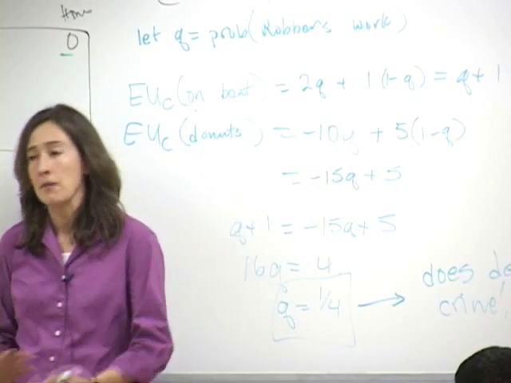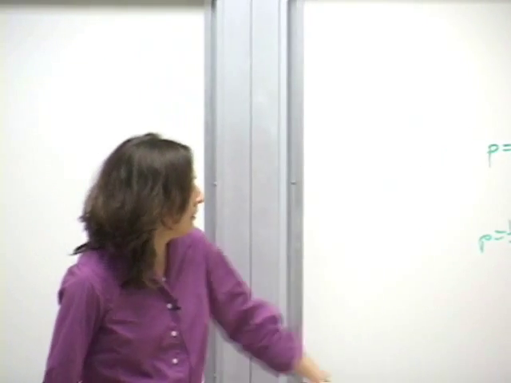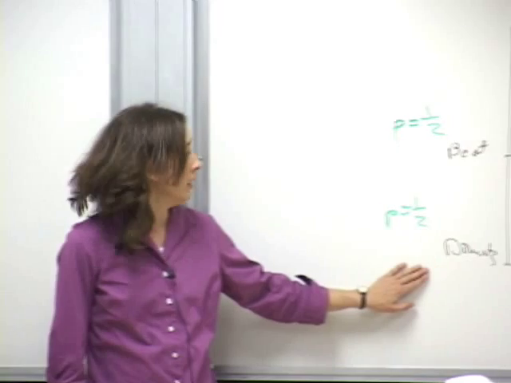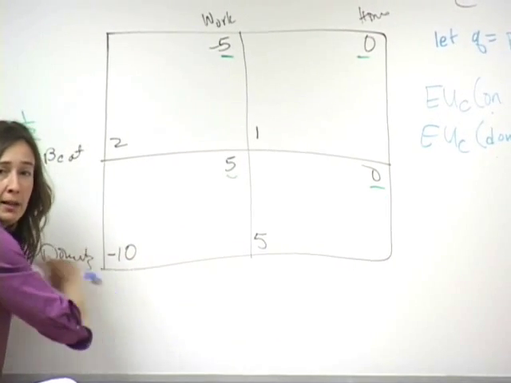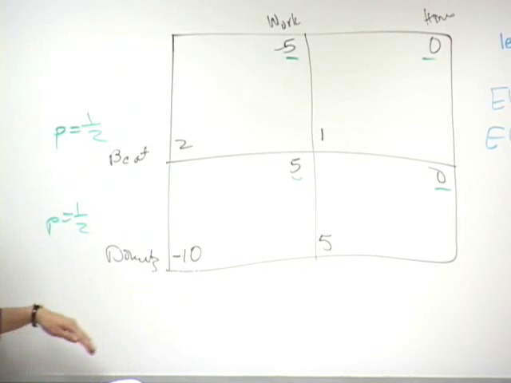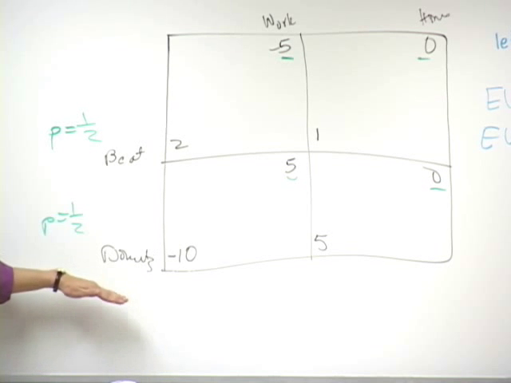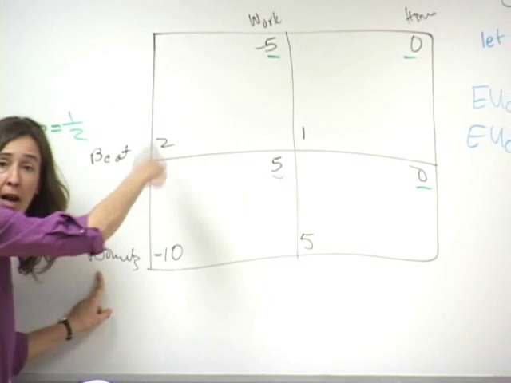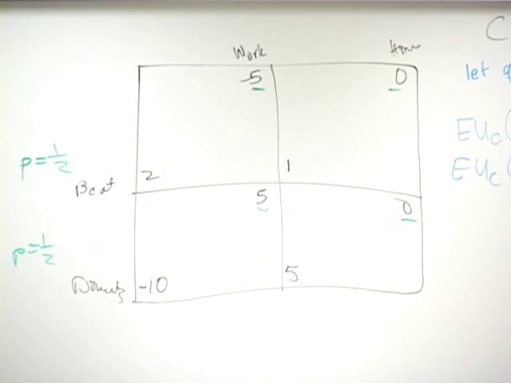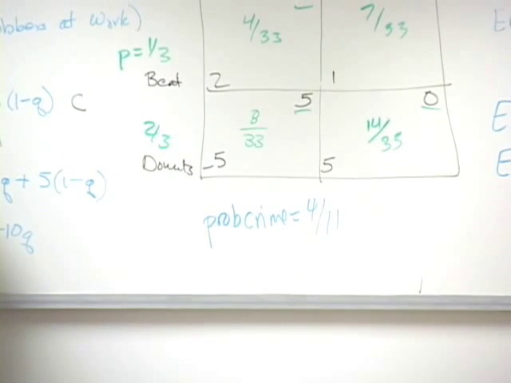If you want to look at it from the other point of view, if what you're really concerned with is the amount of shirking by the cops, total, the amount of time the cops are spending in the donut shop, if you're the cops' HMO and you're concerned about obesity among the cops, you want them out of the donut shop, or you're concerned with the amount of time they spend in the donut shop when there's crime going on, if you want to attack either of those things, then the way to do it is to affect the robbers' payoffs.